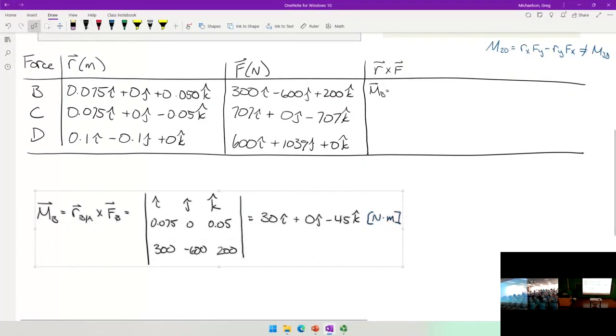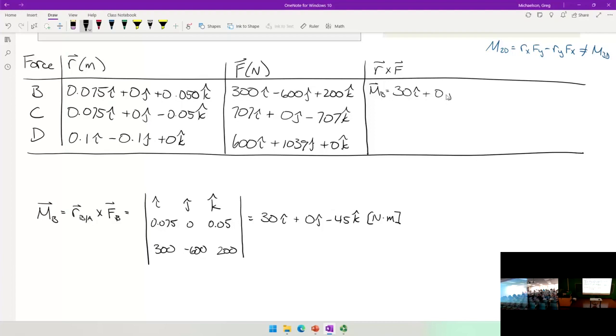So that's what we're going to get in this entry, 30i plus 0j minus 45k. So I'm going to move this down a little bit.